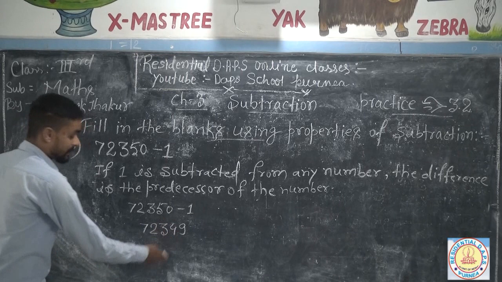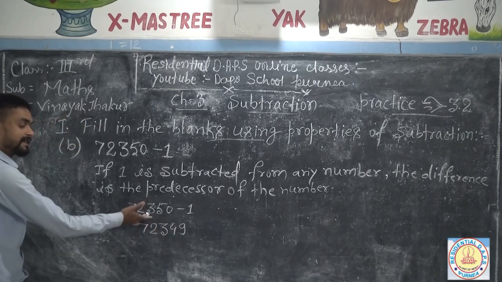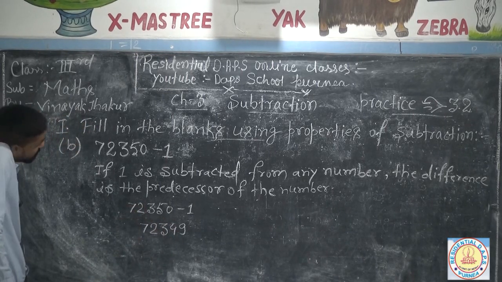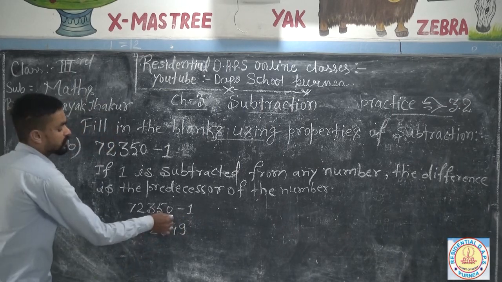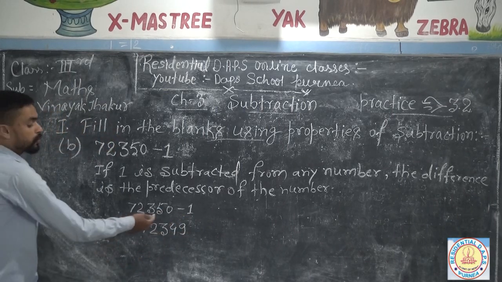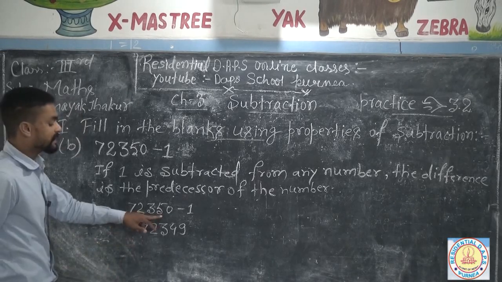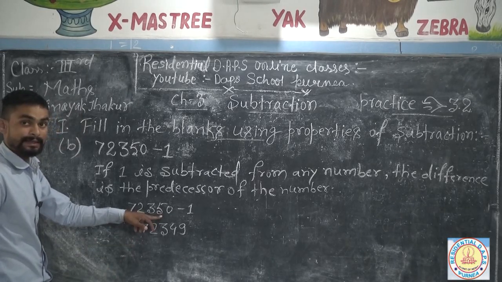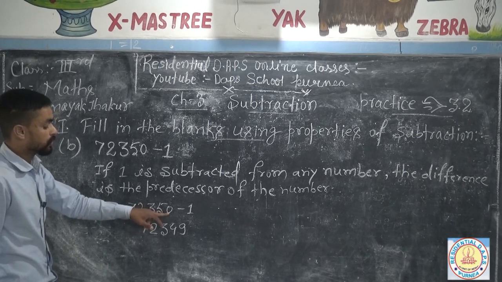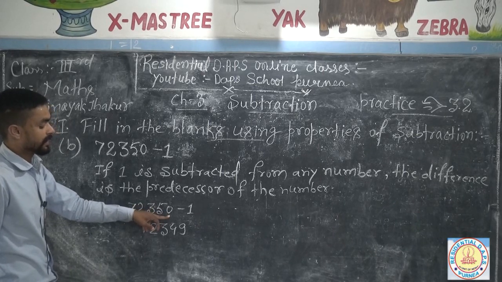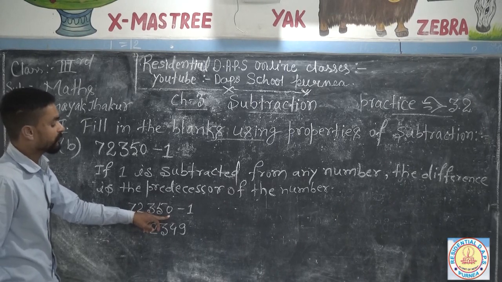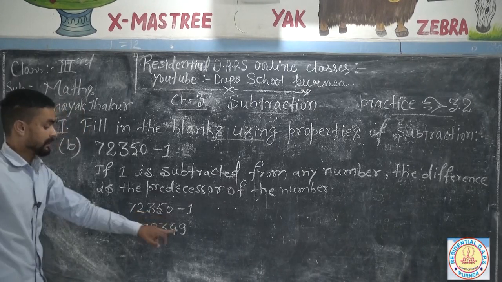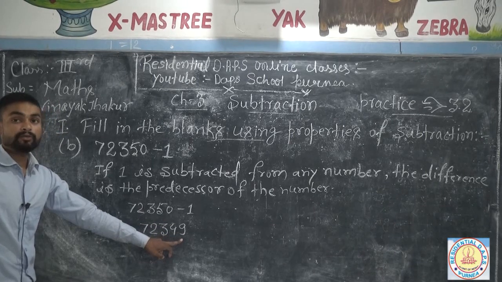This is the predecessor of that number, and the ones place is 0, so 0 borrows 1 from its tens place. So if we carry 1, it becomes 10, and if we minus 1 from 10, it becomes 9, which is the predecessor of 10.